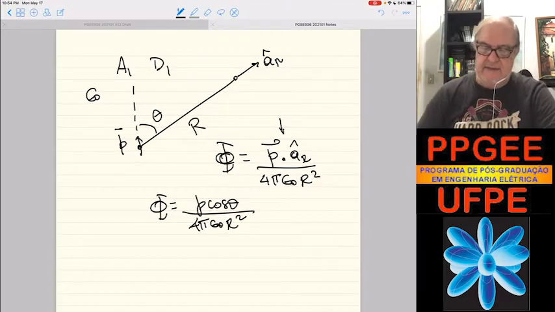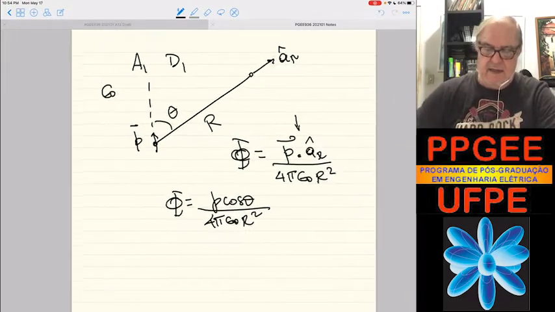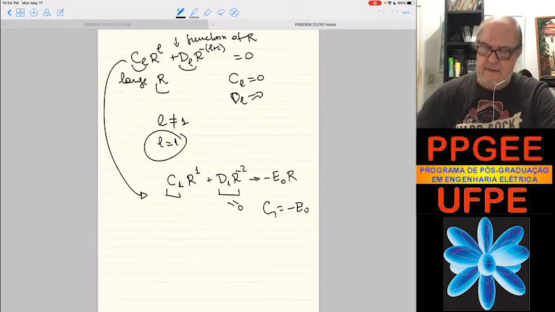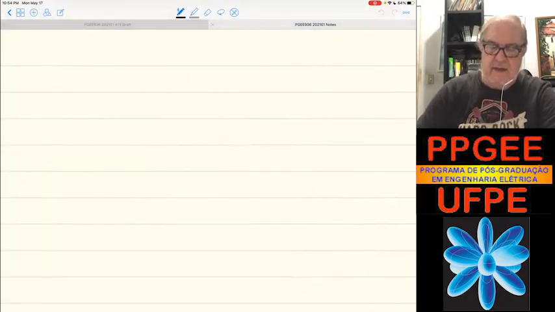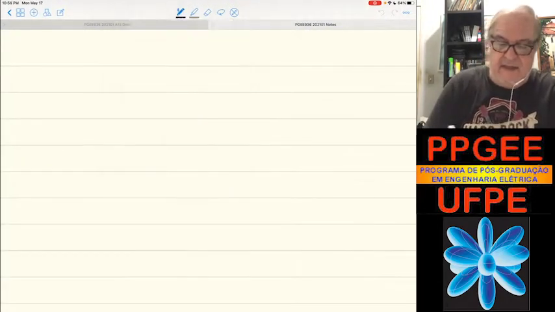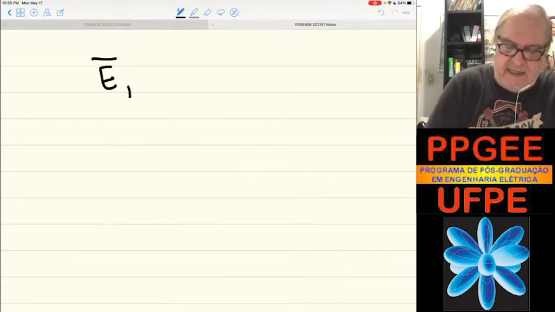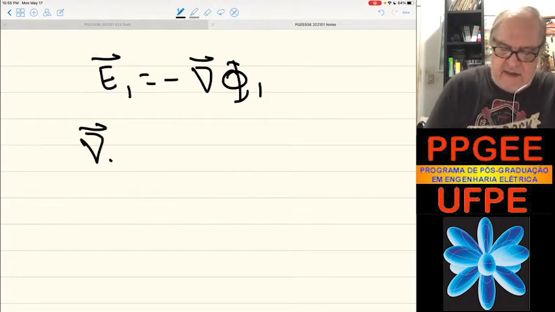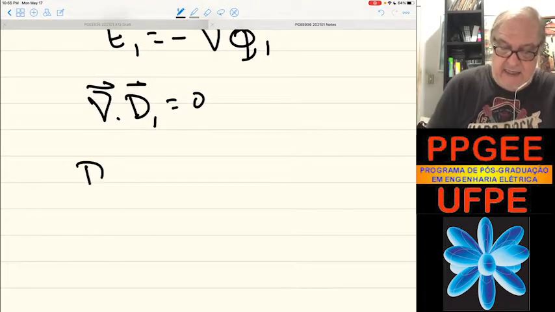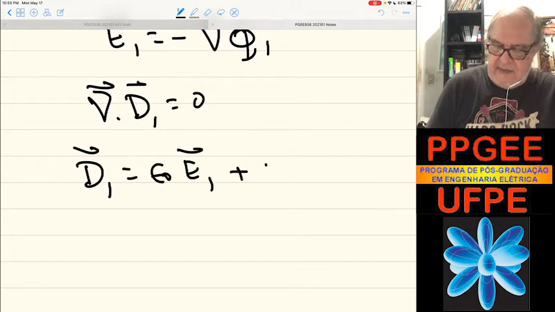Let's see what happens. So it means E field inside is minus gradient of a potential function, and the divergence of D equals 0. D1 equals epsilon 0 E1 plus the polarization.